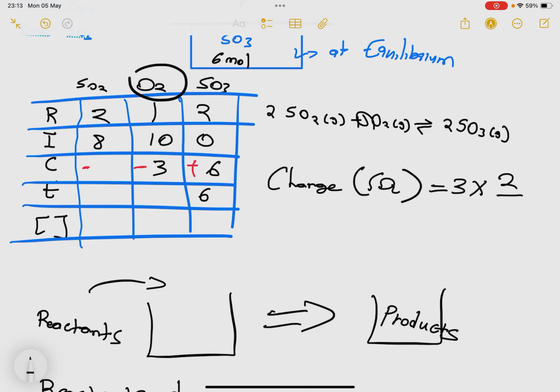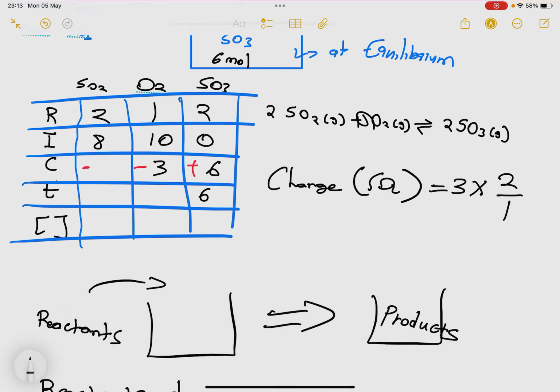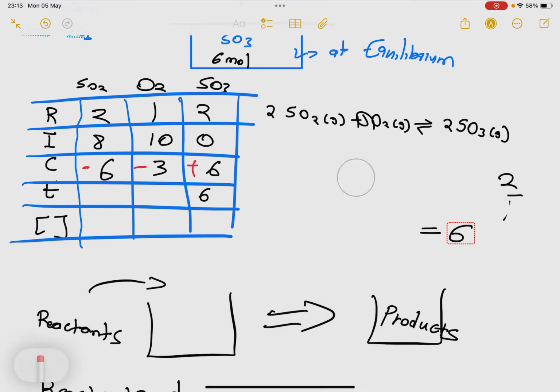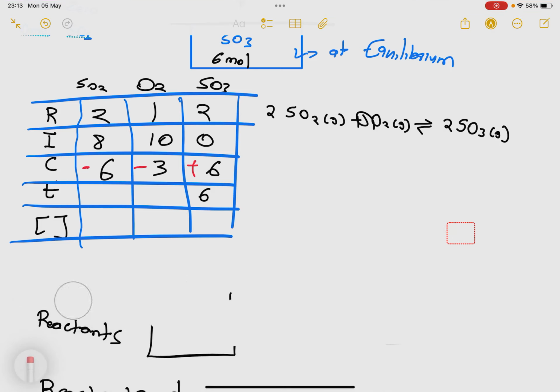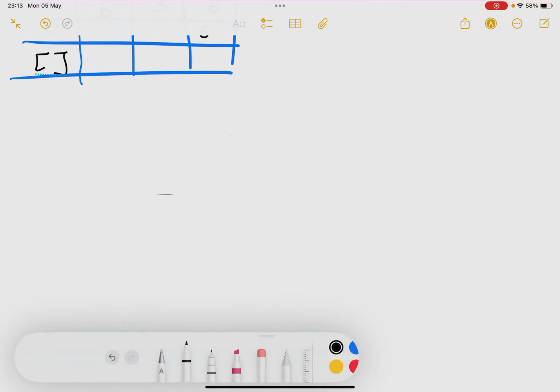I'm from O2, because I've used 3, as you can see. So the ratio of O2 is just 1. So this becomes 6, because 3 multiplied by 2 is 6. That's how you do it. You can play around with these things.